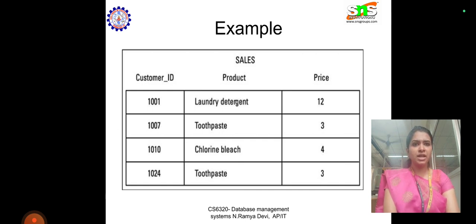For customer ID 1001, the product purchased is laundry detergent at a price of 12, and 1007 is toothpaste purchased at a price of 3, and 1010 is chlorine bleach at a price of 4, and then 1024, a toothpaste product, has been purchased at a price of 3.